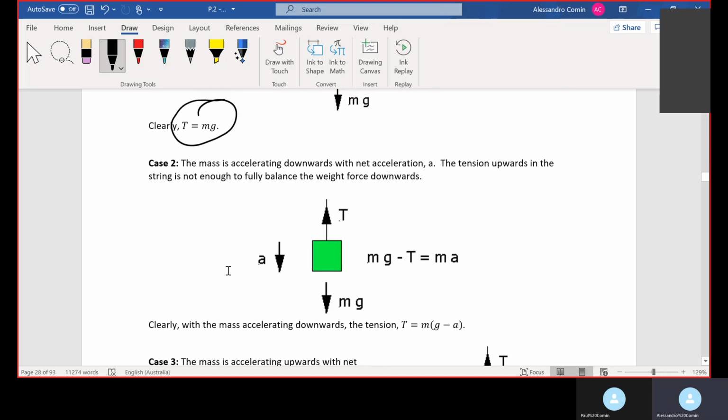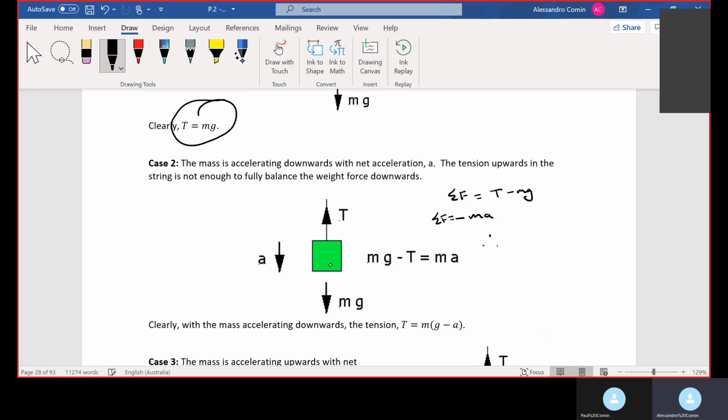The second case is if my object is falling. In this case, I'm going to have sigma F equal to T minus mg once again, but sigma F is equal to minus ma. The reason it's minus ma is because mass doesn't have a negative value, but the acceleration is pointing down, and we always say that down is negative.